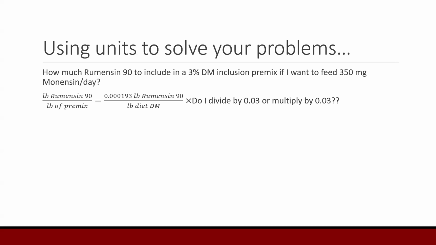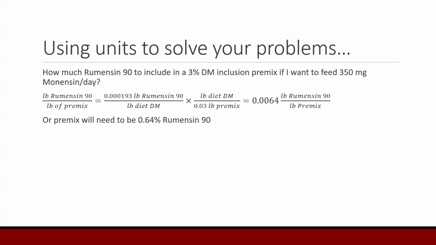Divide. That is 0.03 pounds of premix per pound of diet dry matter, so I need to divide by 0.03. So the premix, this type B medicated feed, would need to be 0.64% Rumensin 90. Everybody follow that?